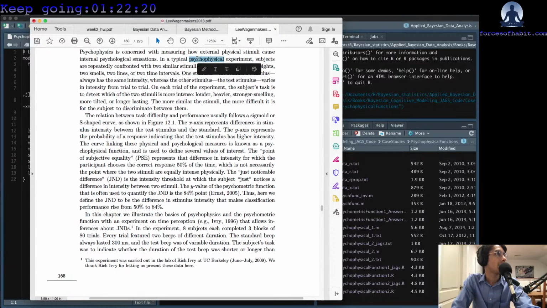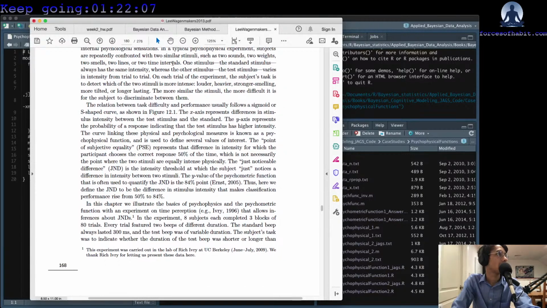To further contextualize this, in these psychophysical experiments, subjects are given two stimuli of various sorts related to types of sensation. We have a control stimulus, and then another stimulus which we vary from trial to trial.